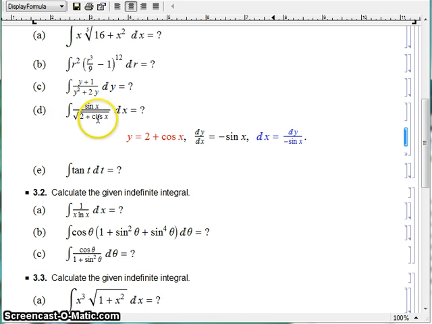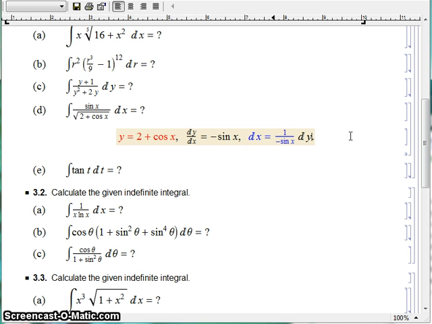We take y as the inside, 2 plus cosine of x, and then just go right ahead with straightforward computation. The derivative of 2 plus cosine of x is negative sine of x. Consequently, dx is dy over negative sine of x. Equivalently, you can write it as 1 over negative sine of x times dy, if you will.